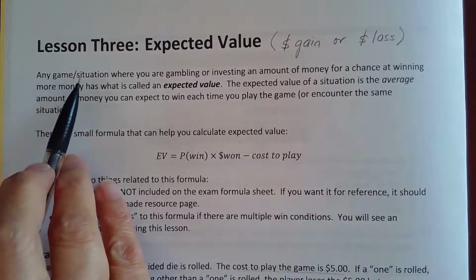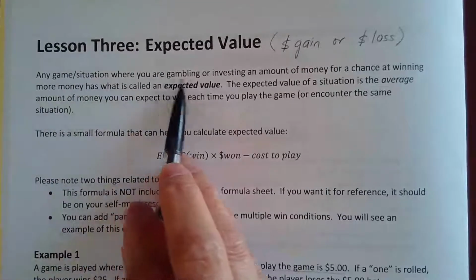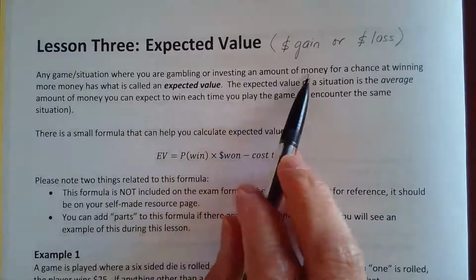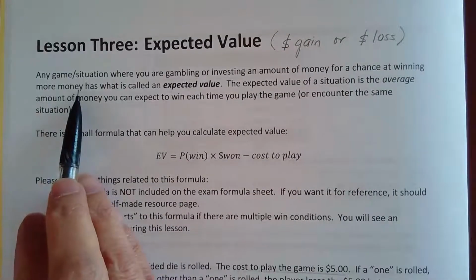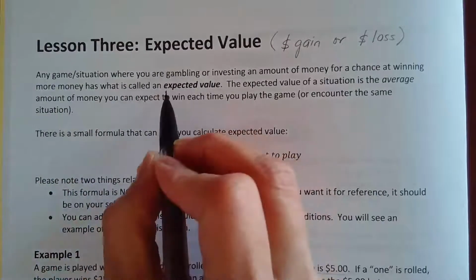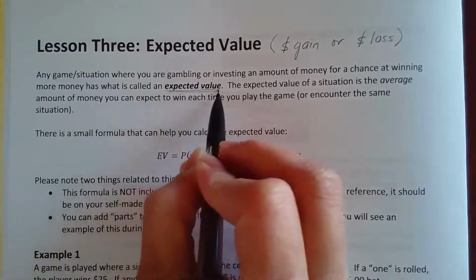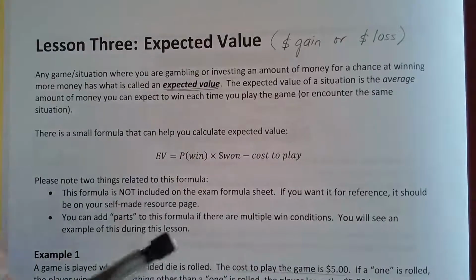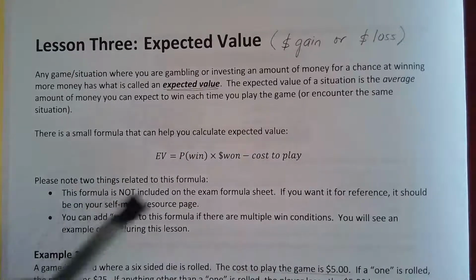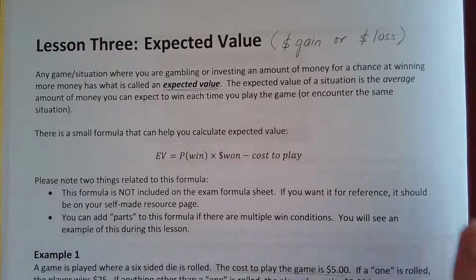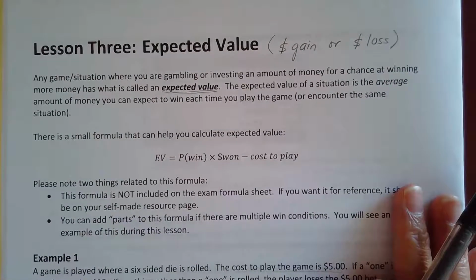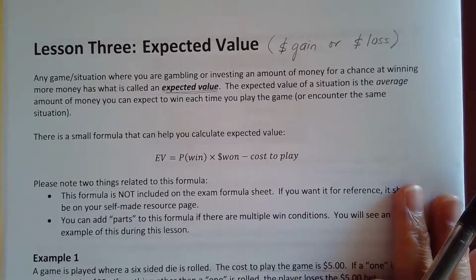Any game or situation where you are gambling or investing an amount of money for a chance of winning some more money is what is called expected value. When you buy a raffle ticket, you go to a social or a fundraising event, you put money in, and you're hoping to win something bigger than what you actually put in to buy the tickets.